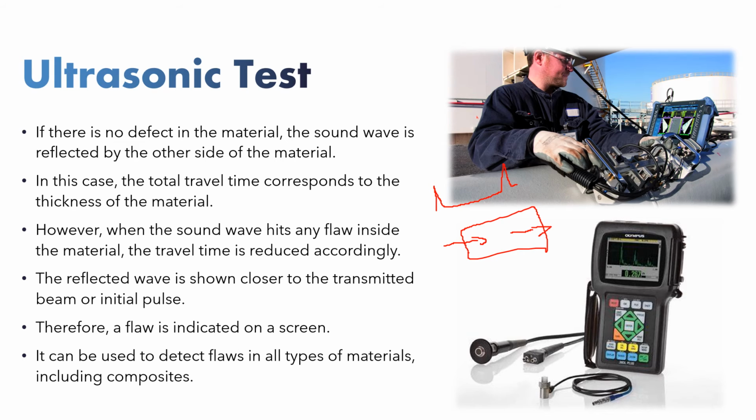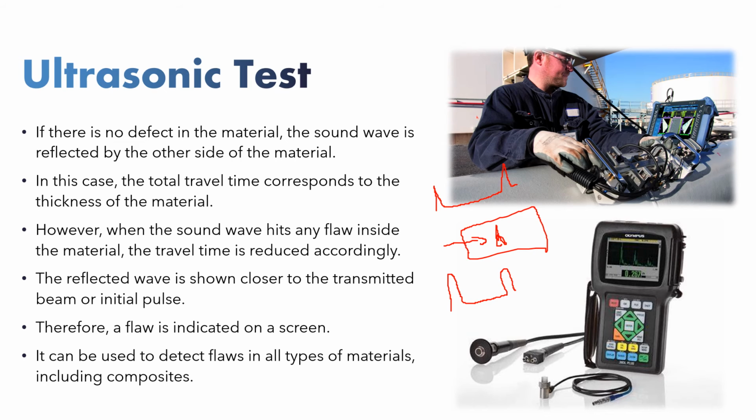But when the sound wave hits a flaw here or something like that, it's a different story. If you have a flaw, the wave is going to stop right there. So what happens is you're going to see that in your device.